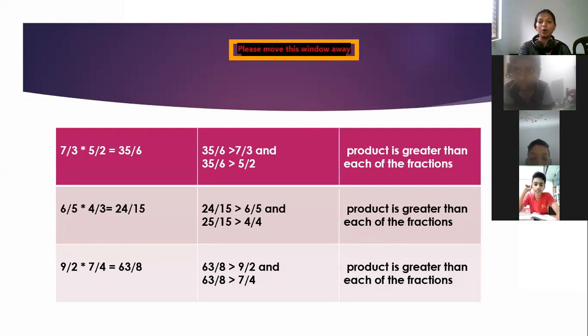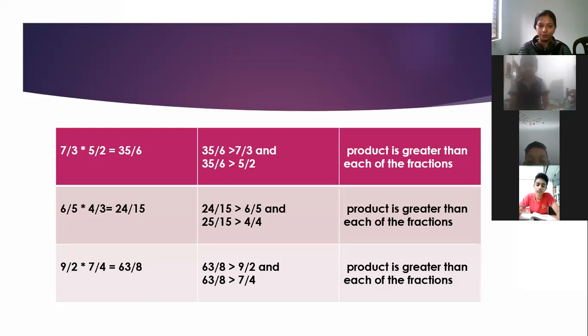Okay, it is 1.2. The value of 6 by 5 is 1.2. How will you calculate the value of fractions? You just divide 6 by 5, and we get the answer as 1.2.